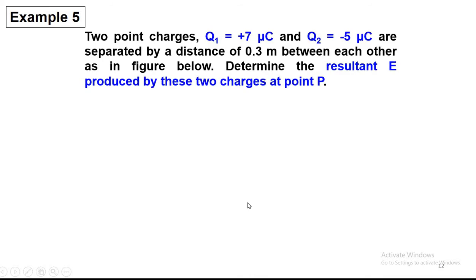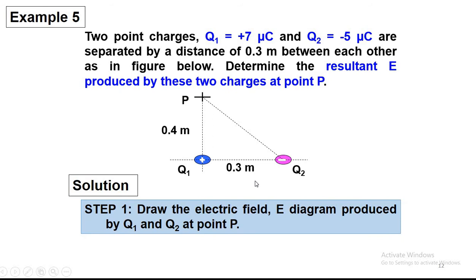Example 5. You have 2 point charges, Q1 equal to positive 7 microcoulomb and Q2 equal to negative 5 microcoulomb, separated by a distance 0.3 meter between each other as in the figure below. Determine the resultant of E produced by these two charges at a point P. First step.